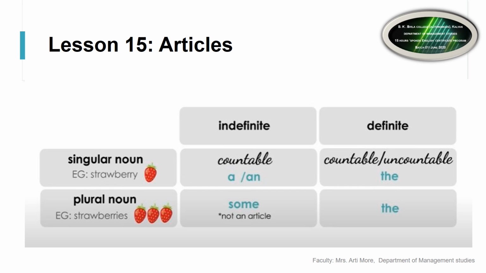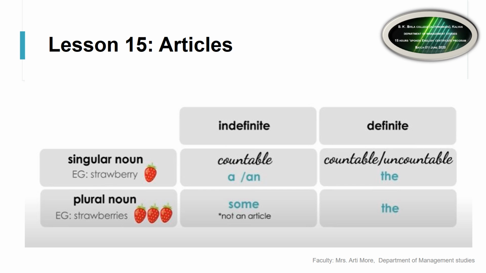Now technically this is not an article, students, but if you are using a plural noun and you are not specific at all, some is the perfect choice. So, for the singular countable noun strawberry, I can say a strawberry. I can say the strawberry because here I am very specific.